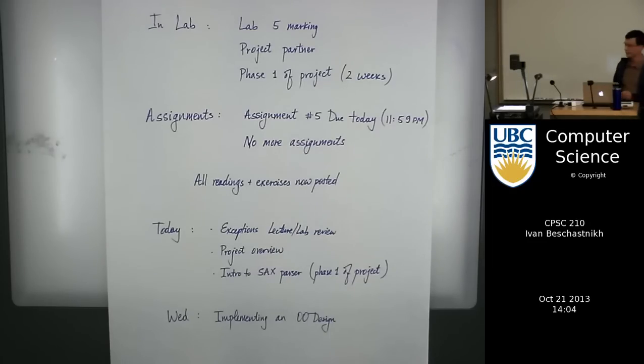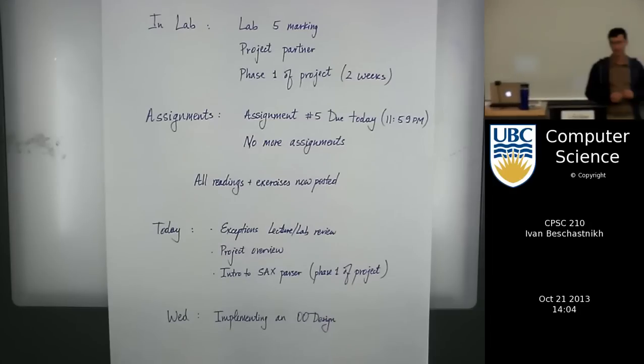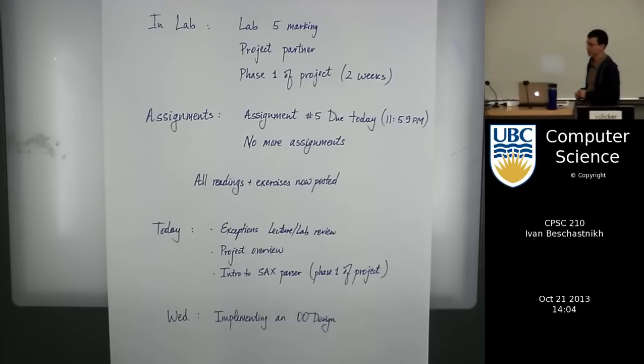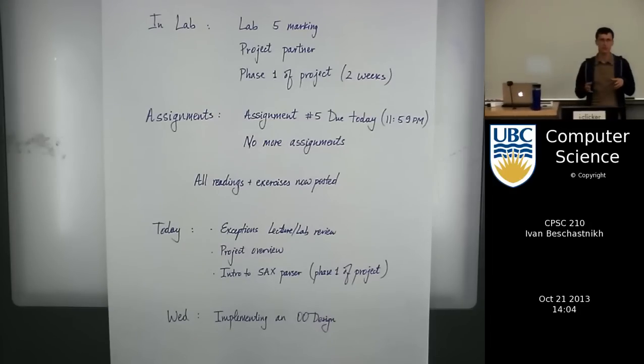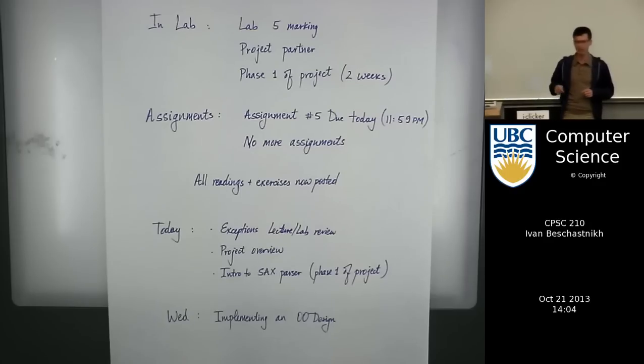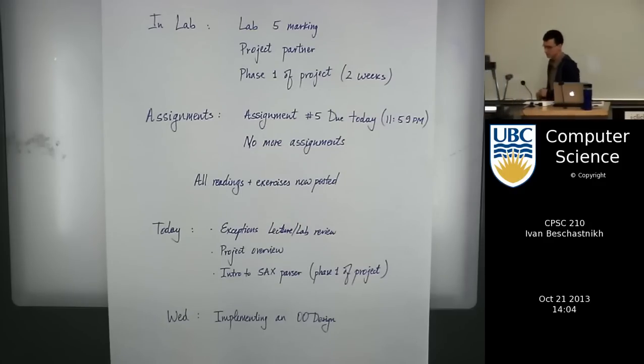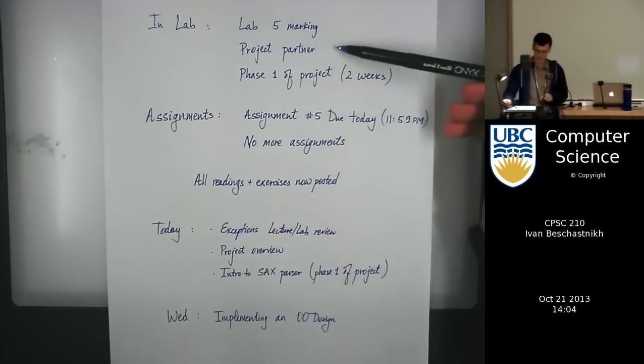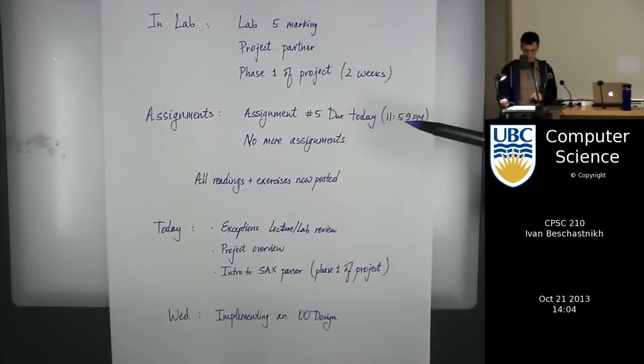Second of all, in phase 2 of the project, you need your partner because you'll be presenting with them, so your mark will in part depend on the person that you choose. Choose wisely. In phase 1, you get to work together, but you submit your code individually to the webcat server. We'll go over that in just a little bit. So project partners are important. You should have that done.